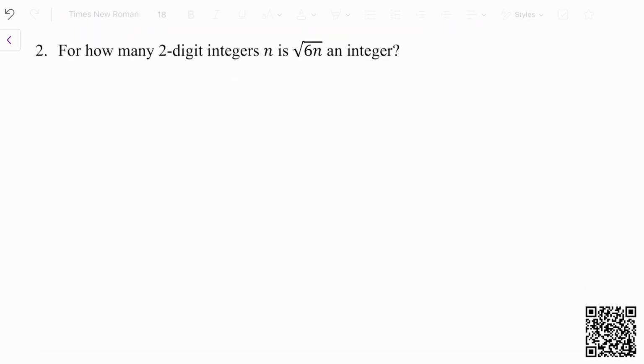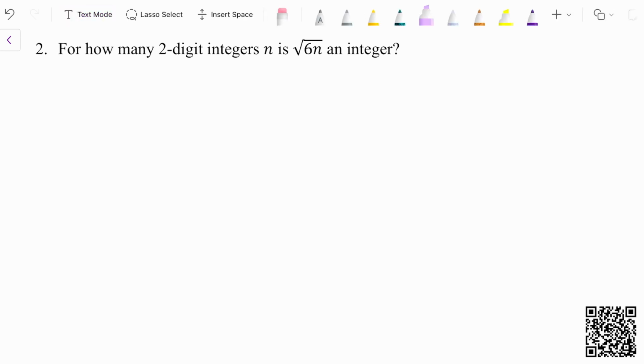Moving on to problem number 2. For how many 2-digit integers n is the square root of 6n an integer? I've done a problem similar to this in the past, except this time there are a couple more conditions. If n is meant to multiply with 6 and create a perfect square, we do prime factorization first.